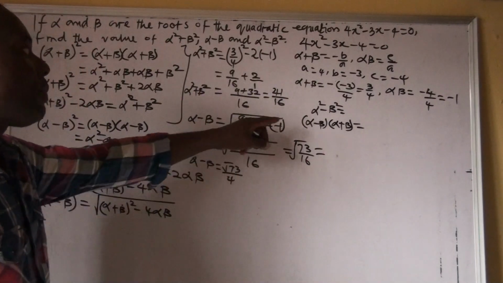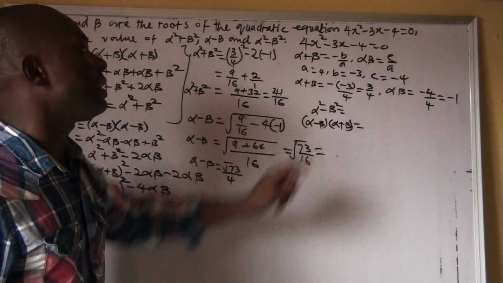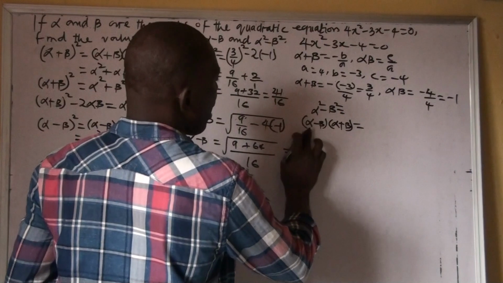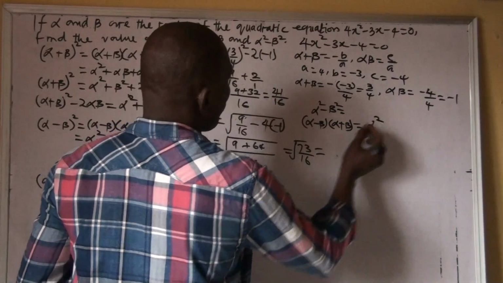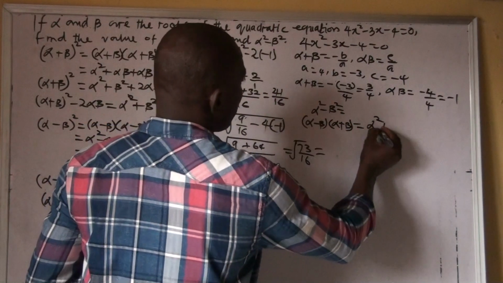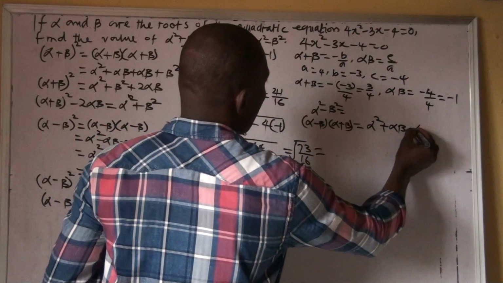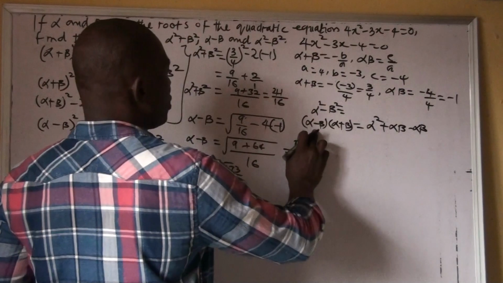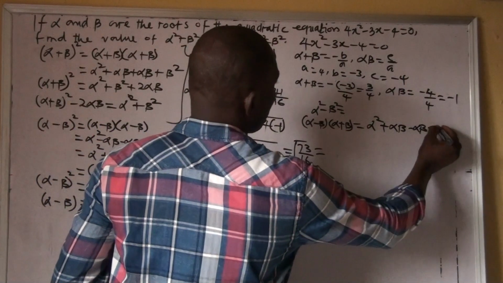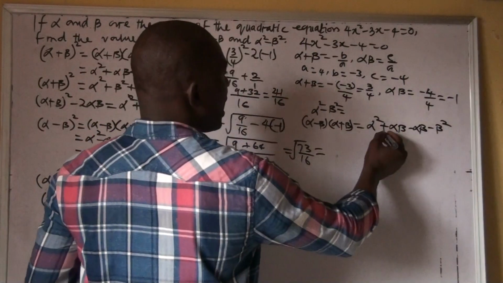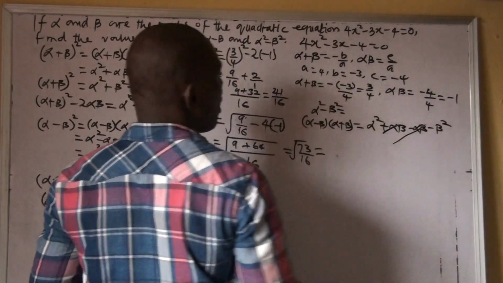So let's do the expansion to see whether they are the same. Alpha times alpha is alpha square, alpha times beta is plus alpha beta, minus beta times alpha is minus alpha beta, minus beta times plus beta gives us minus beta square. You see that the alpha beta terms cancel off.